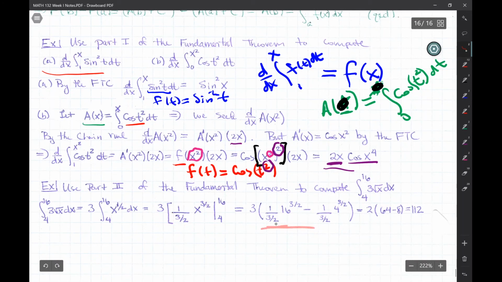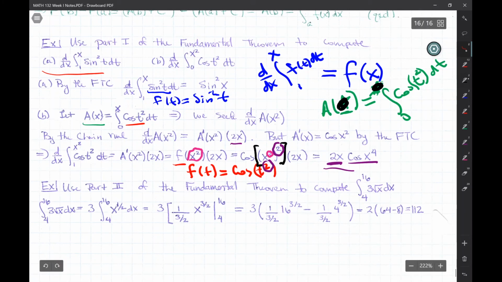Okay, so that's what you see here. We're evaluating it at 16 and subtracting it when we evaluate it at 4. And once we simplify, we get 112. And that is much easier, much quicker to get an exact result than doing Riemann sums and then having to take a limit. So the fundamental theorem is indeed our friend.